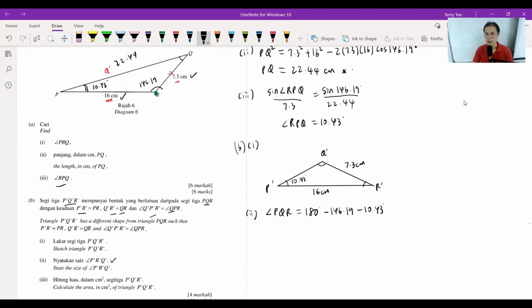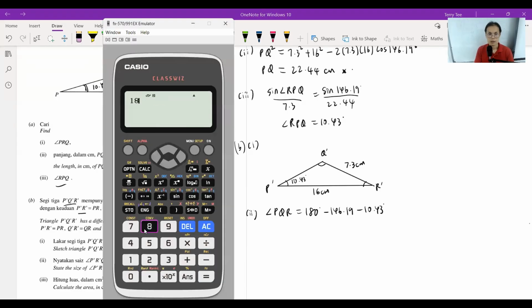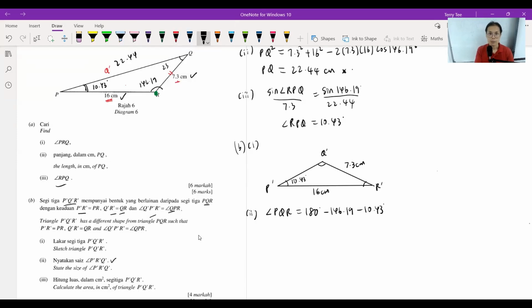PQR is 180 minus 146.19 minus 10.43. I count one by one. 180 minus 146.19 minus 10.43. So this will give us 23.38. Now, why do I do this? Because if this is 23.38, this line here that I've drawn just now is also 23.38, right?